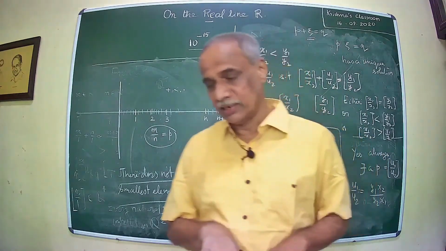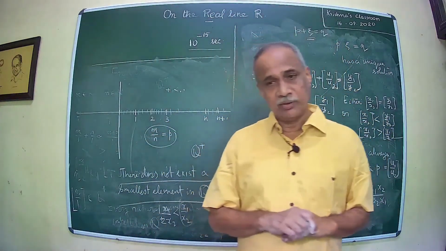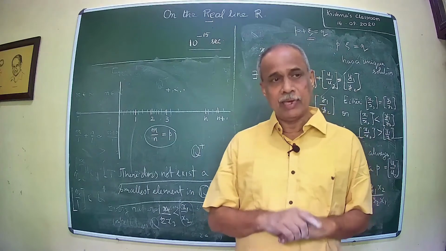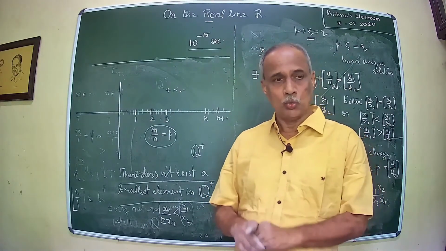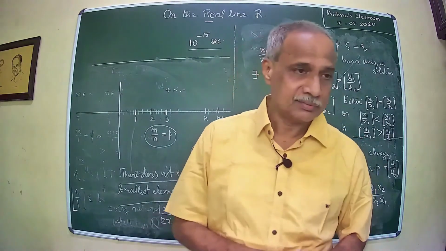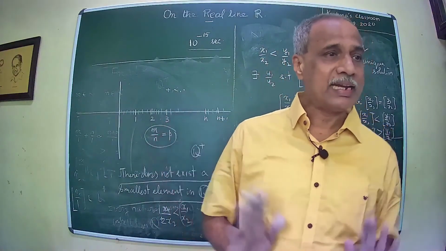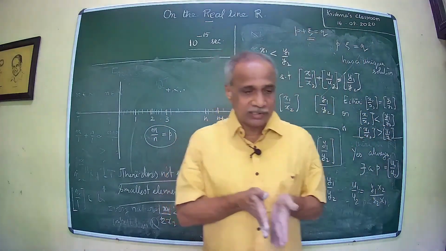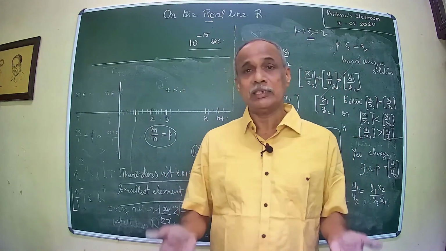Now this is something very interesting. You also have the equation p plus x equal to q; given p and q, it need not have a solution. So that problem has not been solved at all. But when it comes to the equation px equal to q, this problem has been solved.